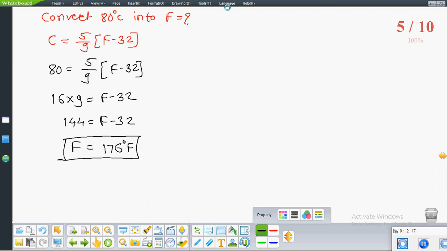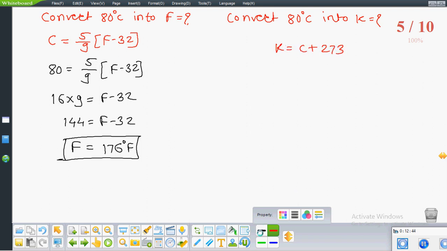Similarly, we also want to convert the 80 degree temperature in the Celsius scale into the Kelvin scale, right? We know the formula of conversion of the Celsius scale into the Kelvin scale is K equals C plus 273.